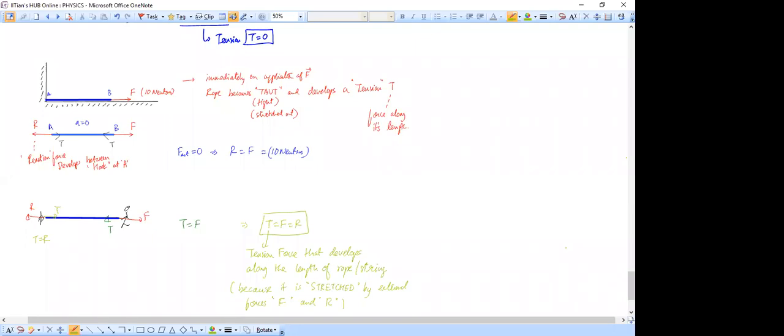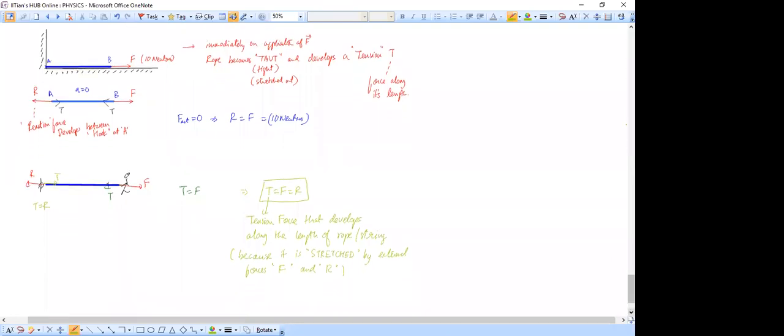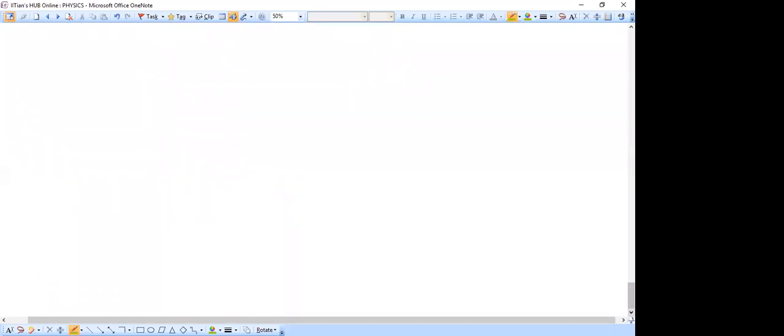Now, another very easy situation to understand how a string can develop tension is if we use it to vertically suspend some weight. So the next situation we'll see is something like this.